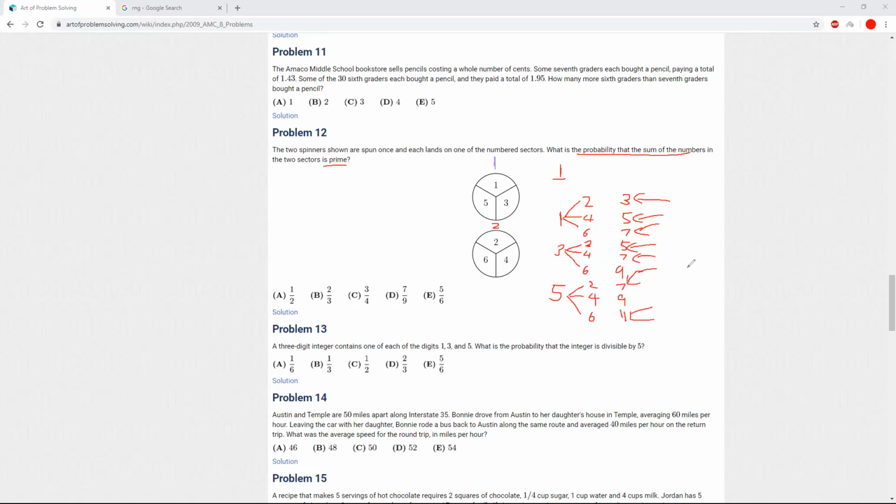So you realize there's 7 sums that are prime, and there's 9 total combinations that are equally likely. So our answer is going to be D. Are there any questions on how I got that?